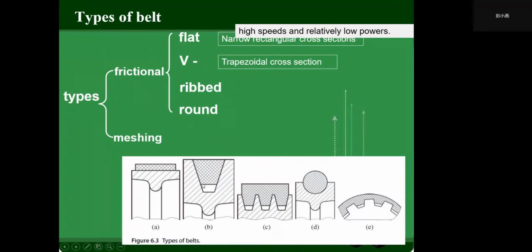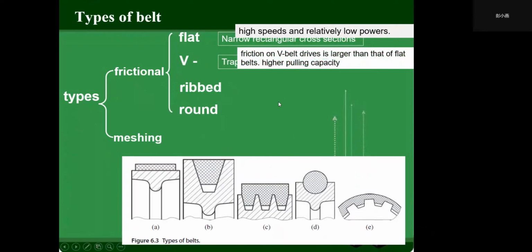The friction on V belt drives is larger than that of flat belt. So V belt has higher pulling capacity. When high powers are to be transmitted, we usually choose V belt.